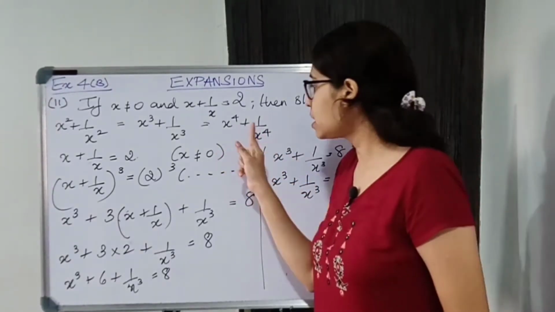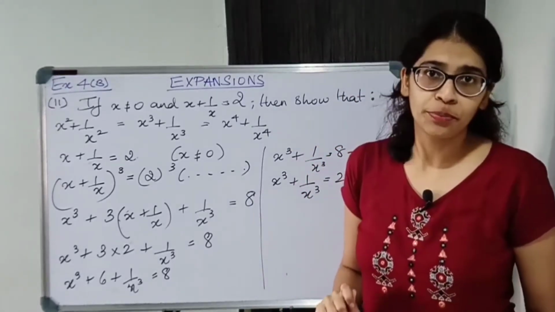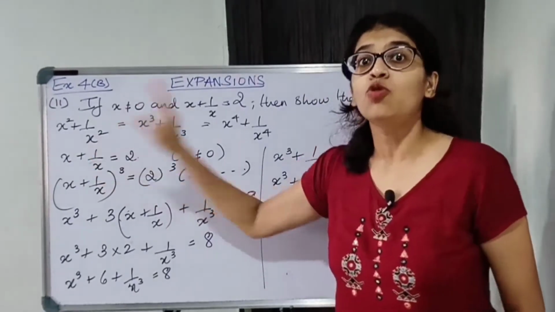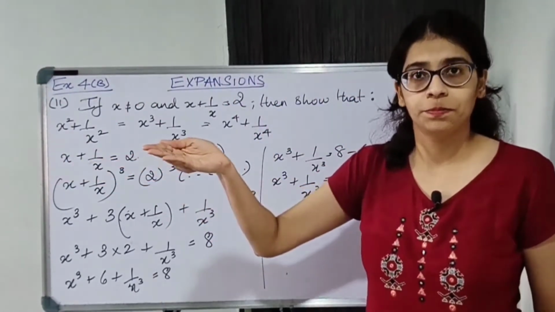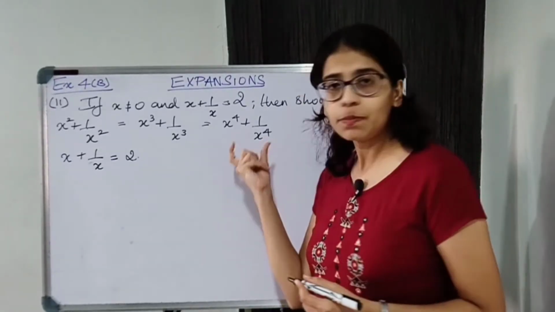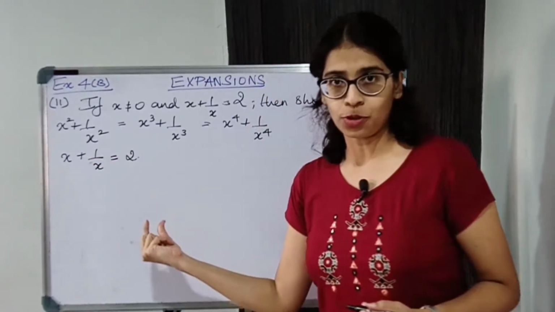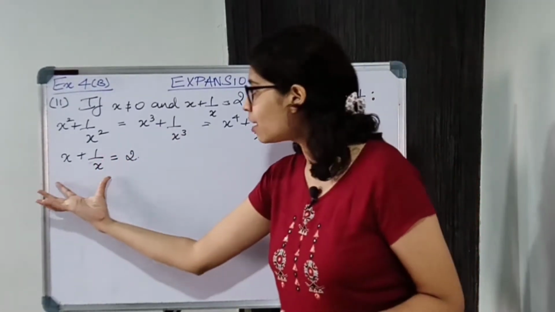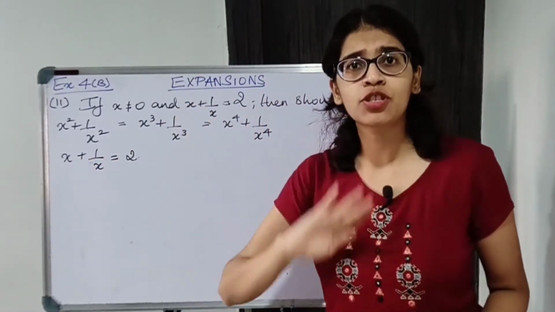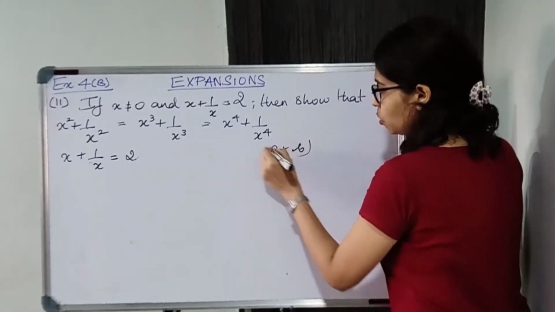Now the third one, x raised to 4 plus 1 upon x raised to 4. For that, what will you do? We square the x square plus 1 upon x square that we got. Now students, for the last part I am not going to take the power 4 on the left side. The RHS is fine, the value will come. Do I have an identity for x plus 1 upon x the whole raised to 4? Do I have an identity for a plus b the whole raised to 4?